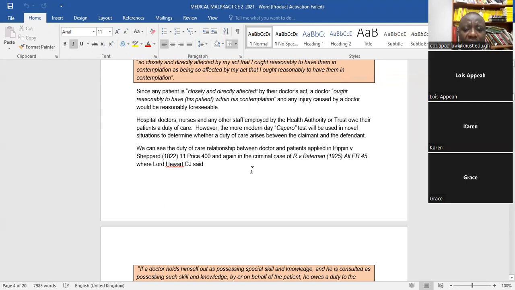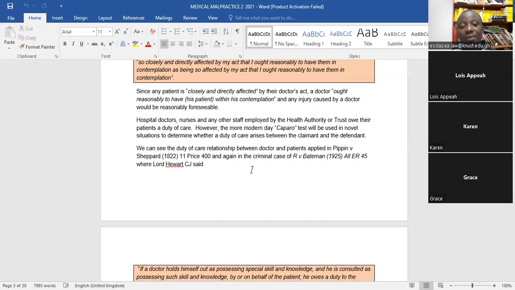Then we proceeded to take them one after the other. So we first decided to explore when and how we can say that the patient was owed a duty of care. In other words, when can the patient say that the healthcare professional owed me a duty of care?